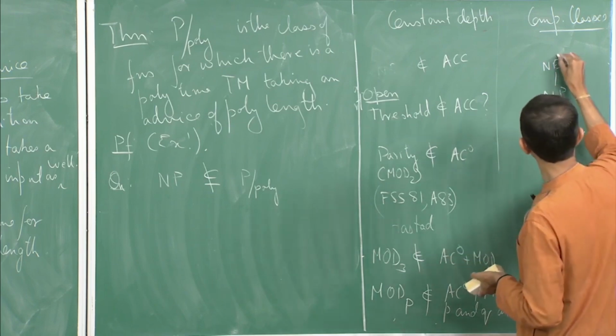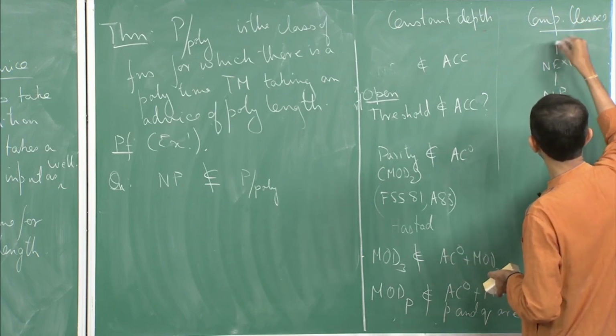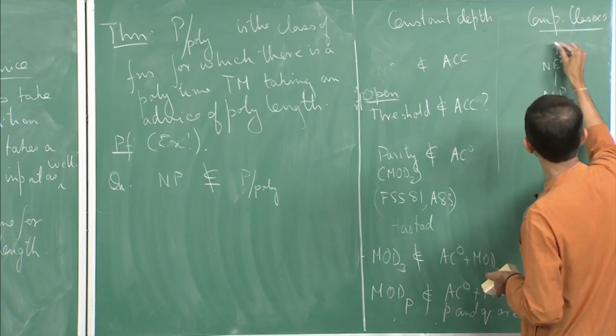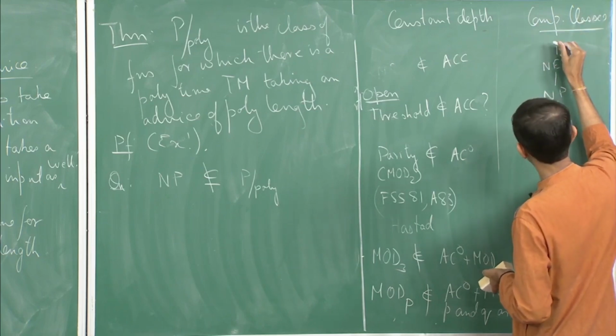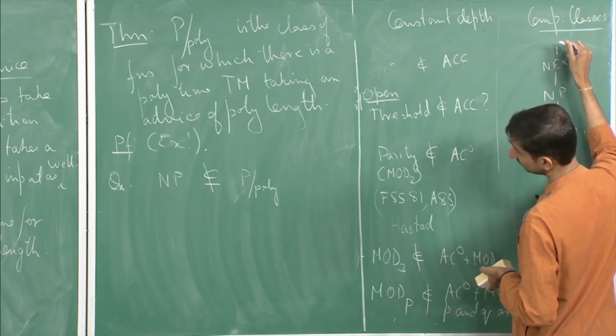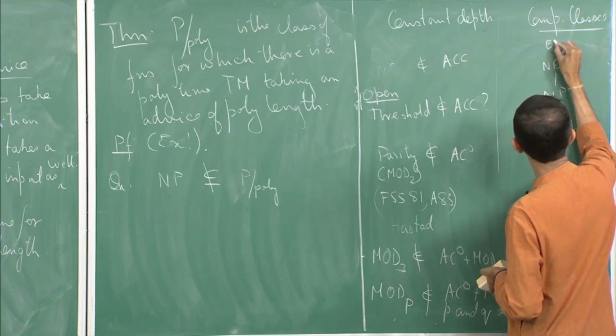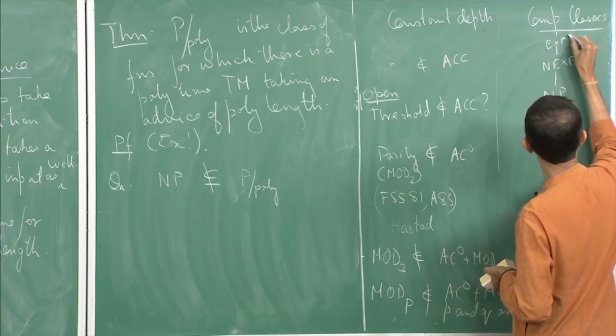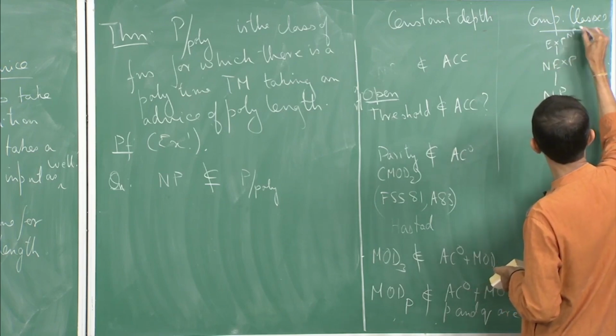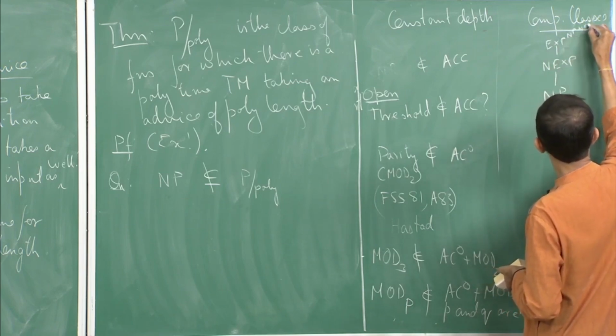The best that was known, the first thing that was known, is for something in EXP to the power NP to the power NP.